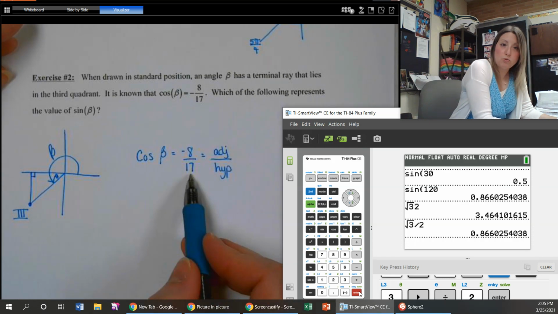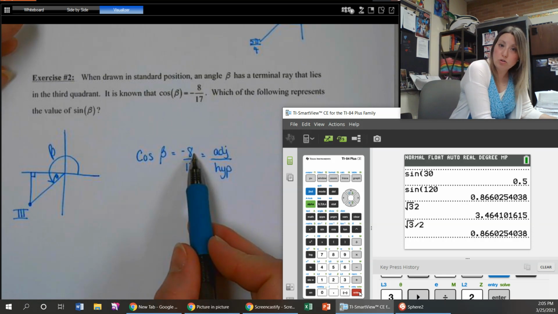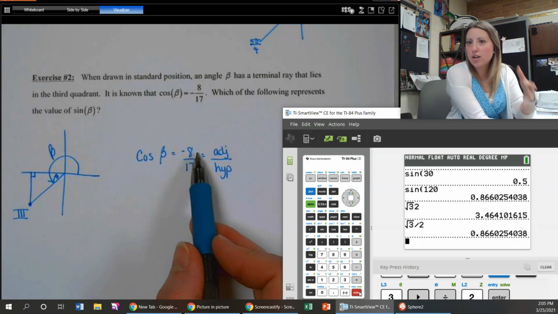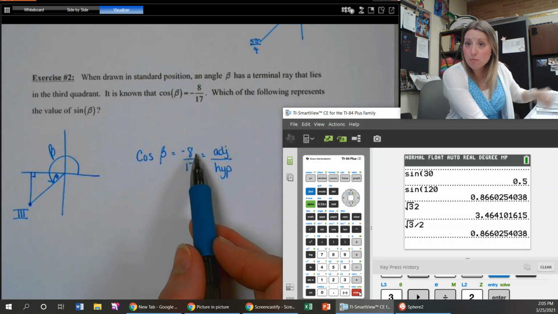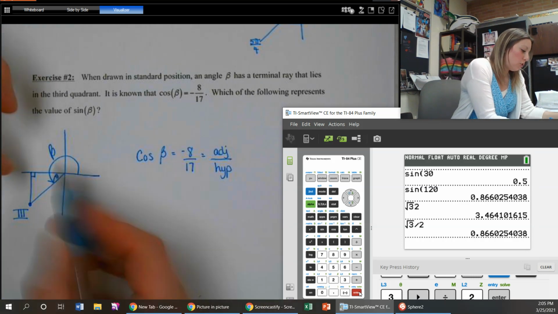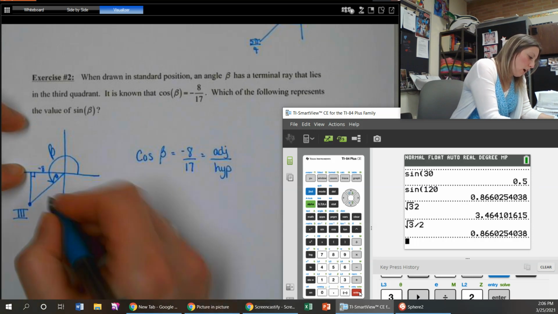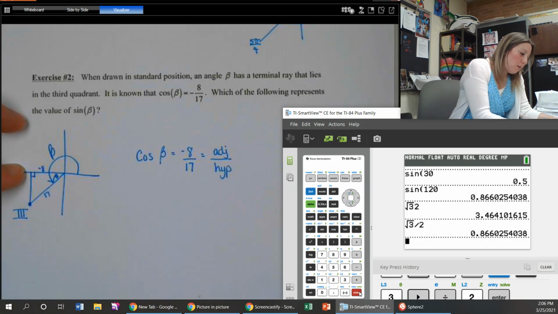So what's the hypotenuse equal to? 17. What's the adjacent side from this angle equal to? Negative 8. And I know, right, you're thinking to yourself, oh, you can't have a negative length of a side. We're just talking about where in the quadrants that is. That's the reason we're saying negative. So we're talking about this direction. So adjacent is negative 8, hypotenuse is 17.